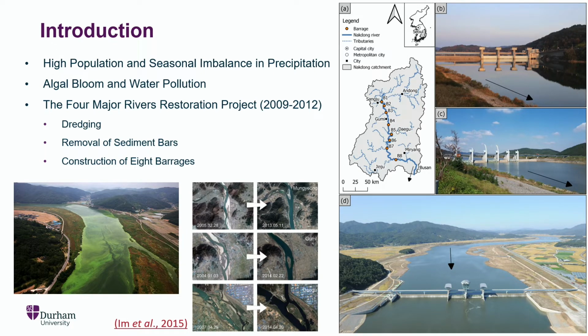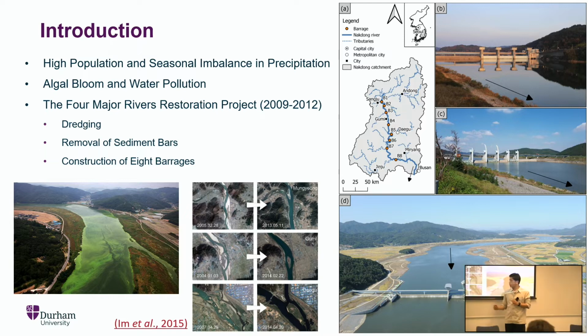In this satellite image, the left-hand side shows before the construction and the right column shows after construction. As you can see, a lot of the sediment was removed from the river channel. Despite the effort, in 2015 we still had a lot of algae bloom in the river.